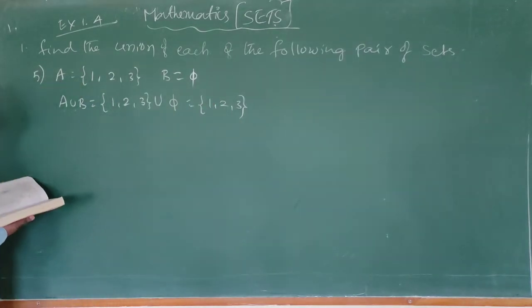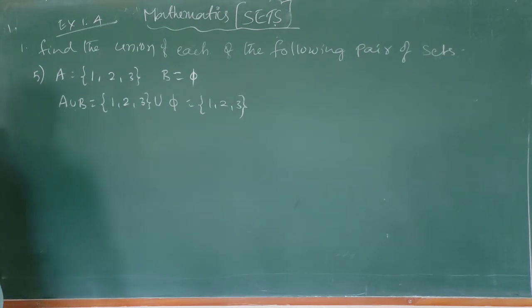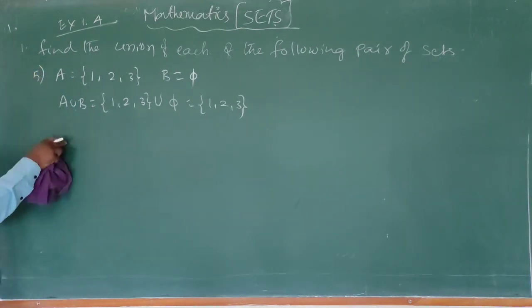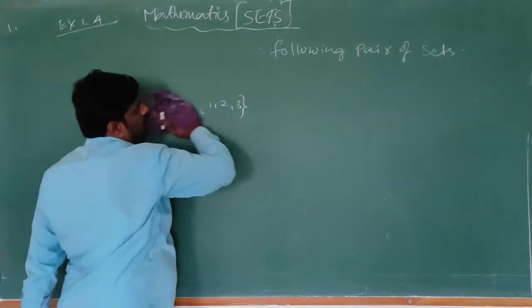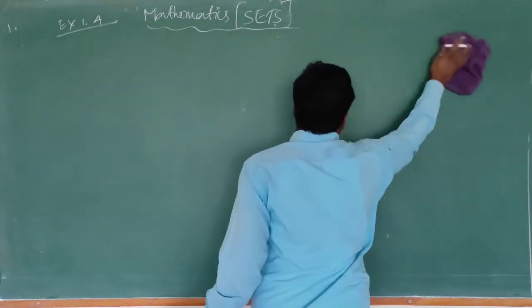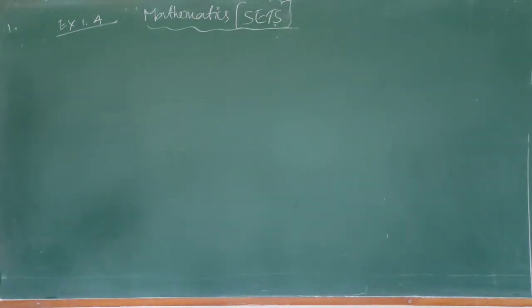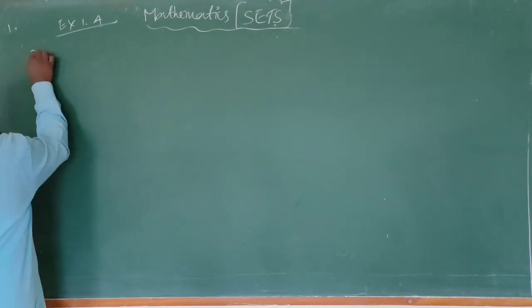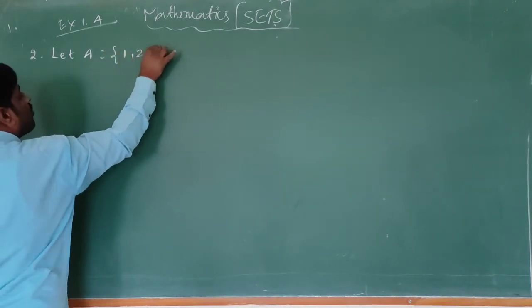Next question. So now second question. In this first question, 5 sub problems were there. Now come to second question. Let A is equal to 1, 2, 3.